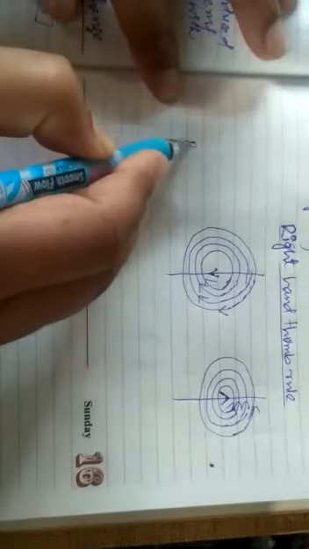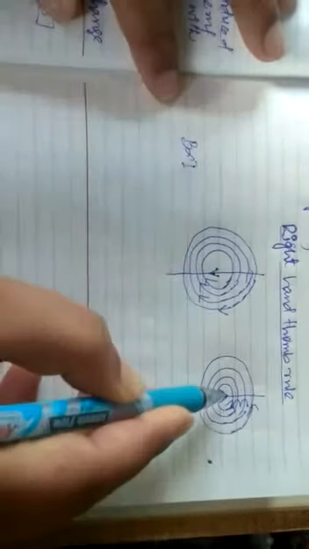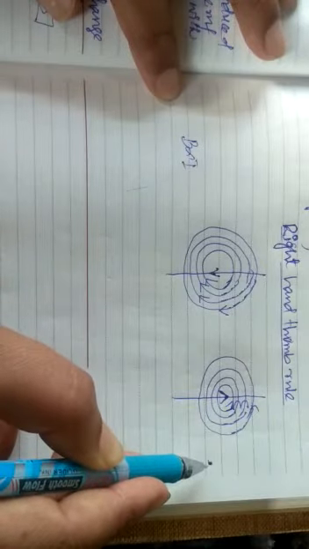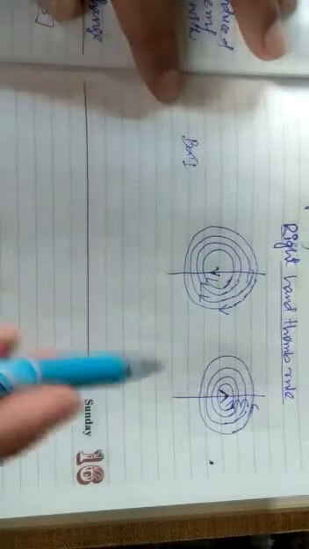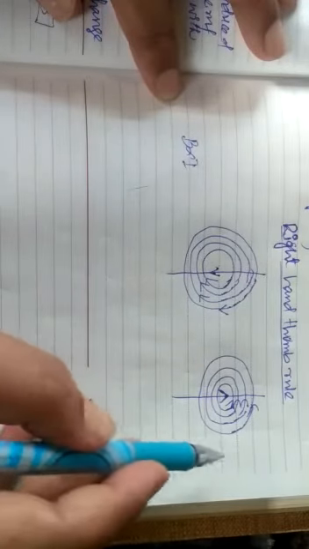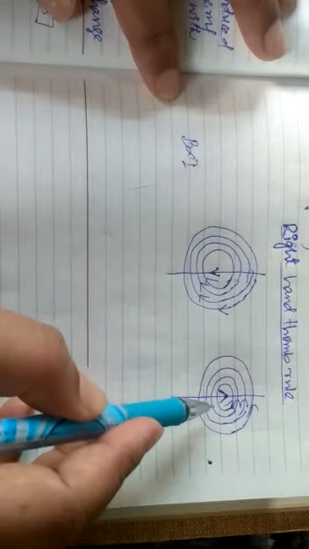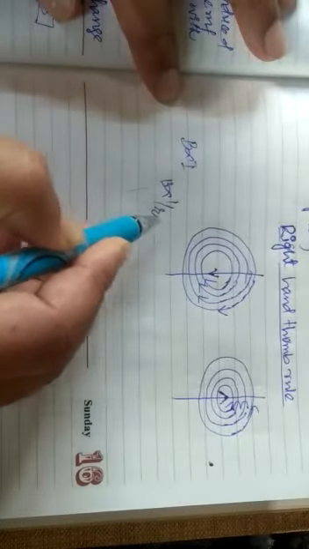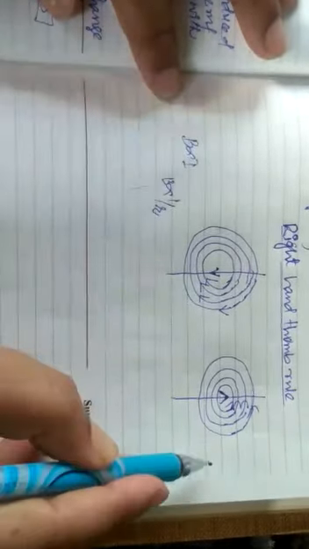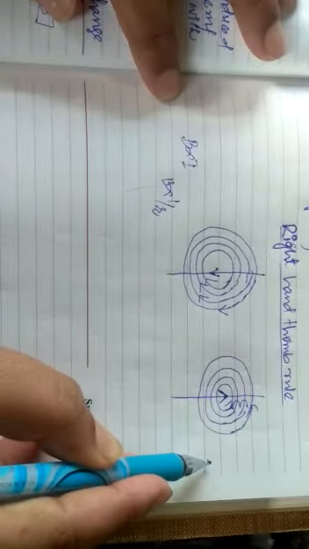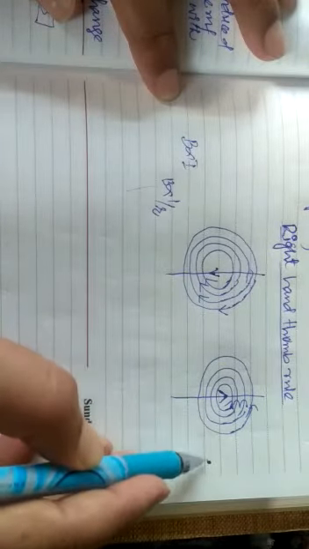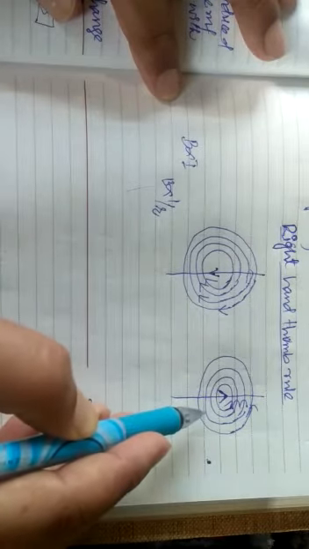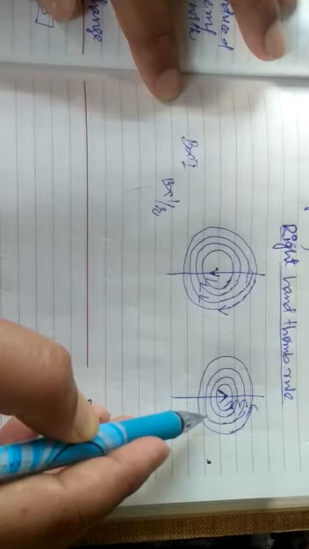If there is more and more current in it, there will be more and more magnetic field here, and it is inversely proportional to the distance of this point from the conductor, that is, B is inversely proportional to R. If this point is very far from the current carrying conductor, the magnetic field will be very small. If it is very close to the conductor, the magnetic field will be very large.